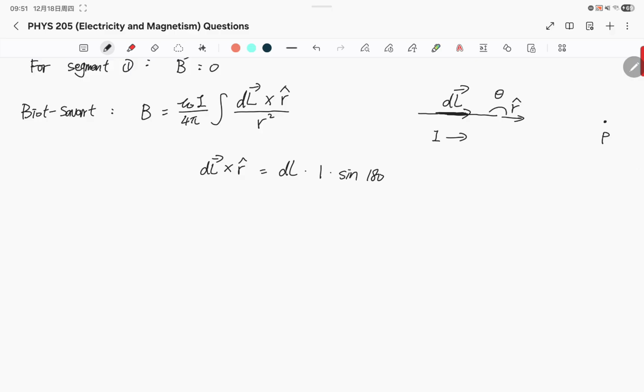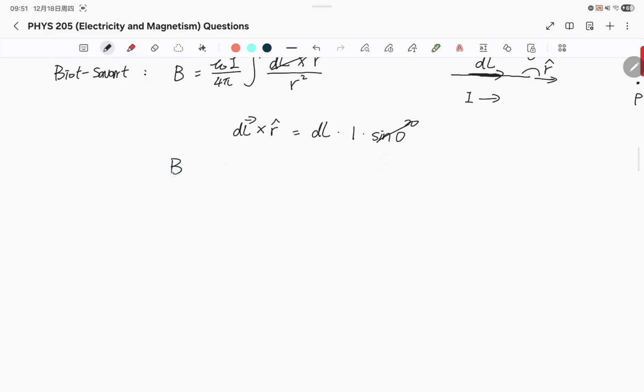That's 180. Actually, no, that's sine 0, because they are parallel and in the same direction. That's sine 0. So this is 0. So B for segment 1 is 0.